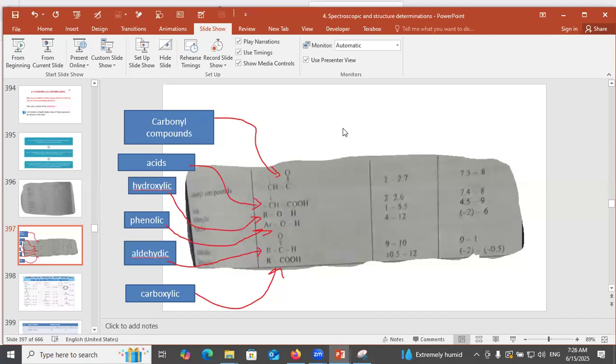Carbonyl compounds 2 to 2.7, acids 2 to 2.6, hydroxylic 1 to 5.5, phenolic 4 to 12, aldehyde 9 to 10, carboxylic 10.5 to 12.